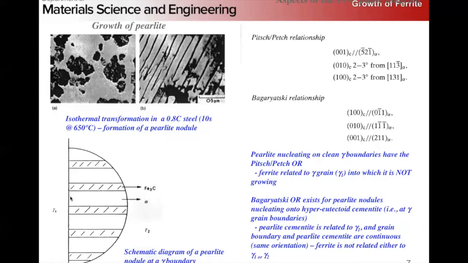So this would be a coherent boundary here between the austenite and the perlite that would follow the Pitsch-Petch relationship, and we would grow into the gamma 2 grain.